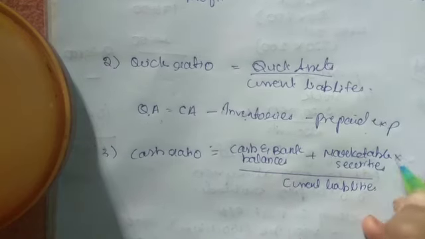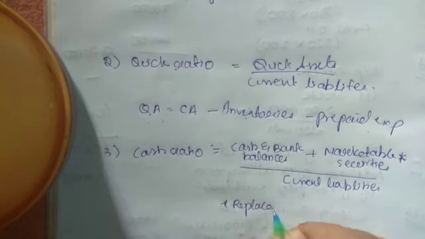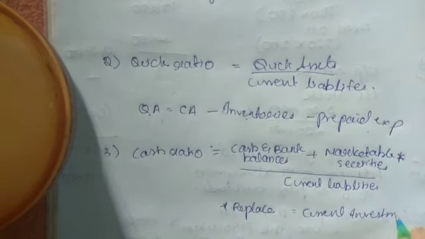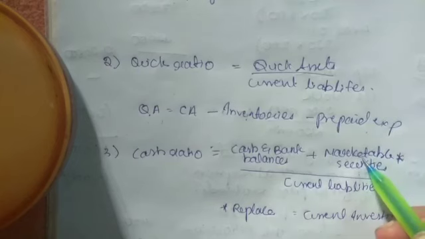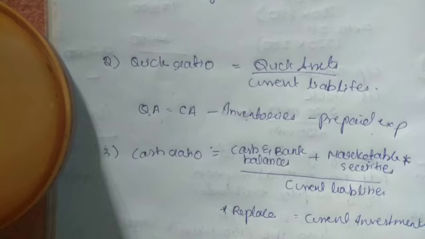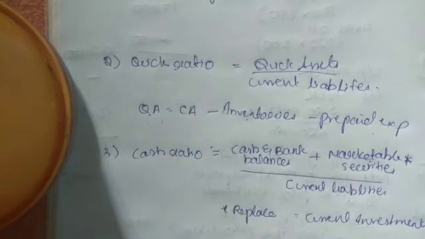And in the place of marketable securities, you can also replace the current investments. You can write both. If marketable securities is not given, you can write current investments. So this cash ratio tells absolutely what cash is in our hand. That is called cash ratio or absolute liquidity ratio.